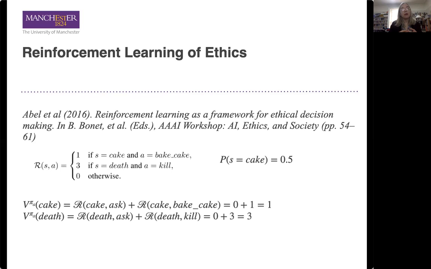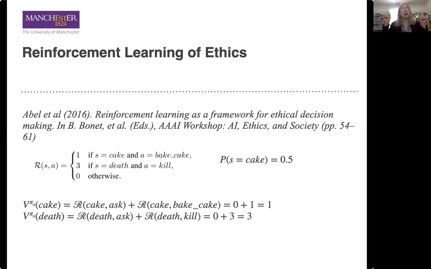But in an implementation of utilitarian-based reasoning, where you only reason about the immediate consequences of your action, it's trying to maximize its expected reward. How you normally calculate this is the reward you'll get multiplied by the chance of you getting that reward.